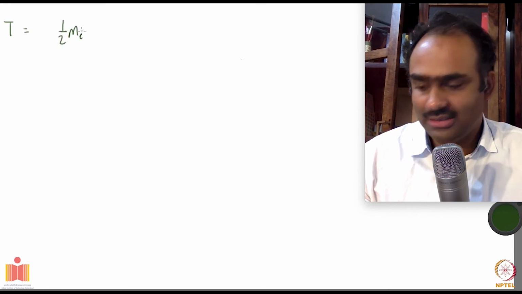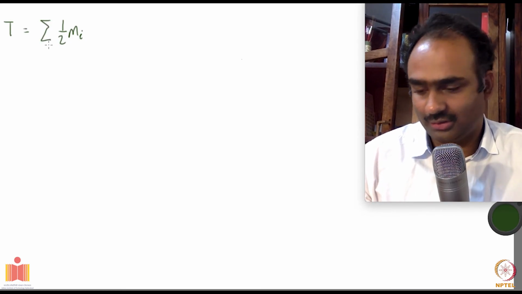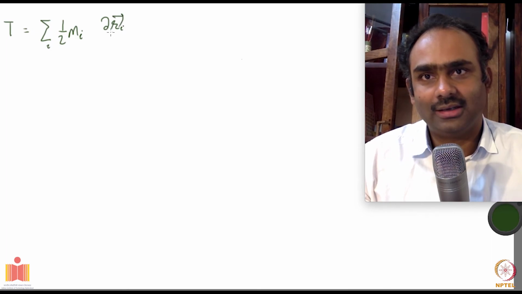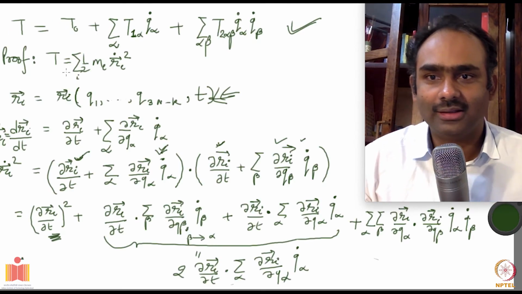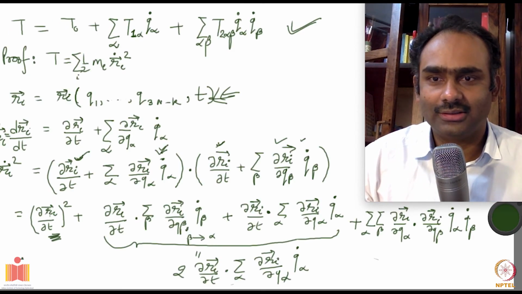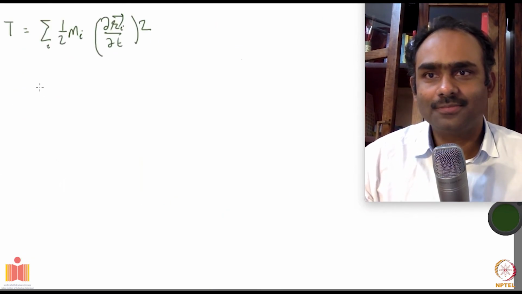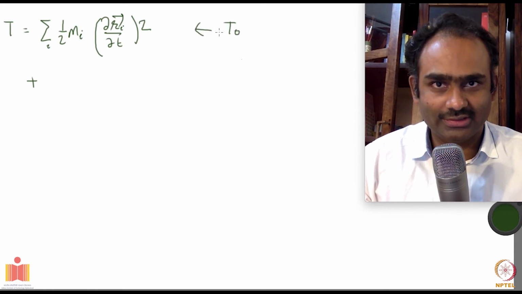So I will write T as, I'm just now bringing in the half mi, which was remaining, and I have to sum over all the particles. So if you look at what we had earlier, I had Ri, del over del t of the square. So that's the first term, which is what your T0 is now.